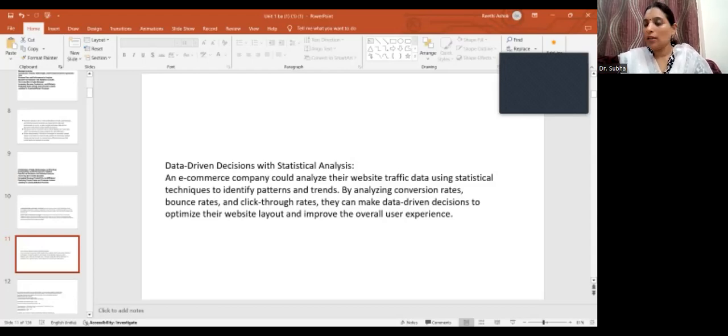So in an e-commerce company, the analyst can find out the conversion rate, the bounce rate, and the click-through rate, and finally make data-driven decisions in order to optimize their website layout and improve the overall customer experience.